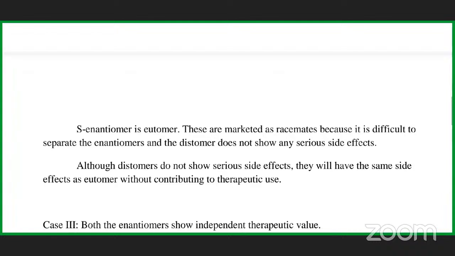It is the combination of enantiomers, a combination of S isomer and R isomer, both isomers. So due to the difficulty in separating these isomers, and since there is no side effect from the S isomer, you can market or take these drugs as a racemate form here.